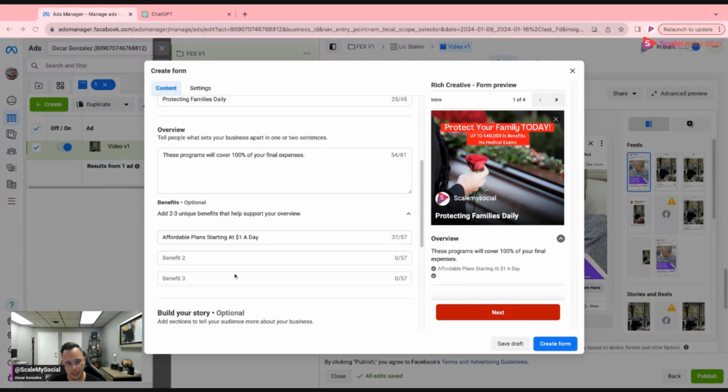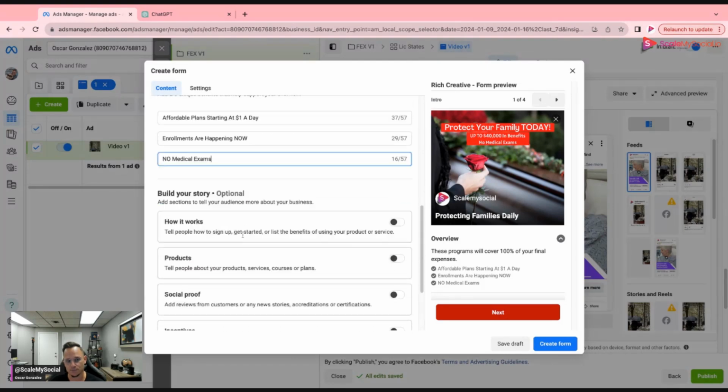And maybe I add something like this here. You can play around with this, guys. But again, this is just messaging. This just gives you an opportunity to, again, keep the person engaged, keep them looking at this. And now you kind of start seeing this whole thing come together, right? So this is the beginnings of your lead form.